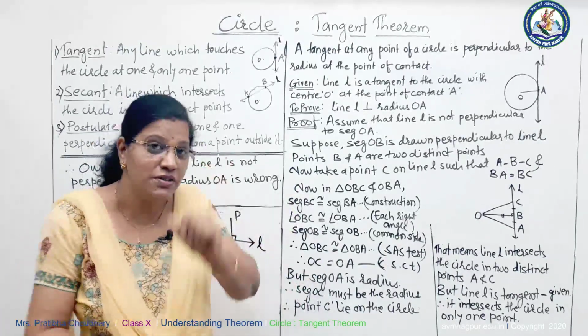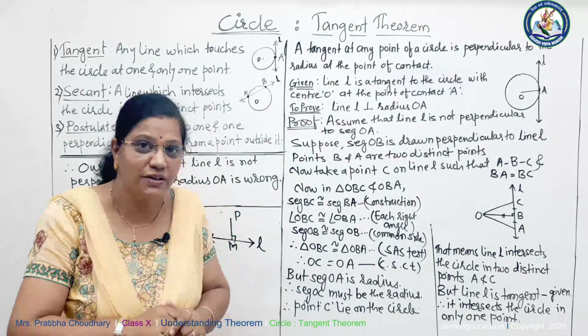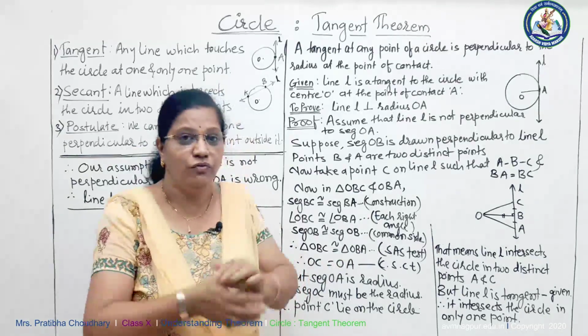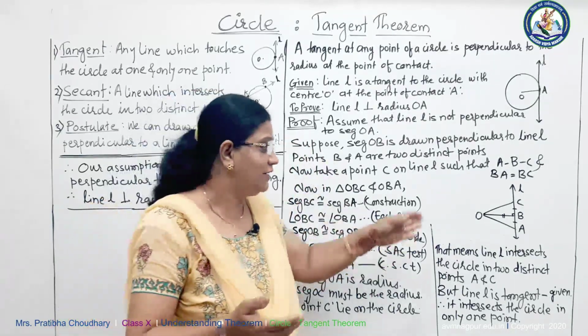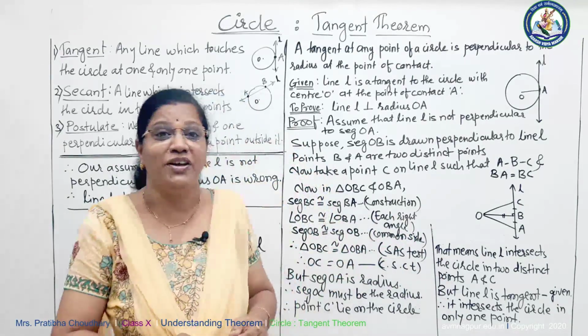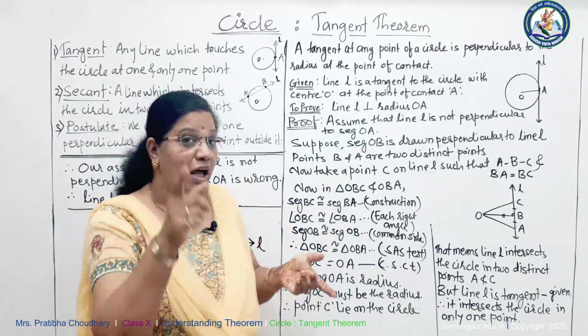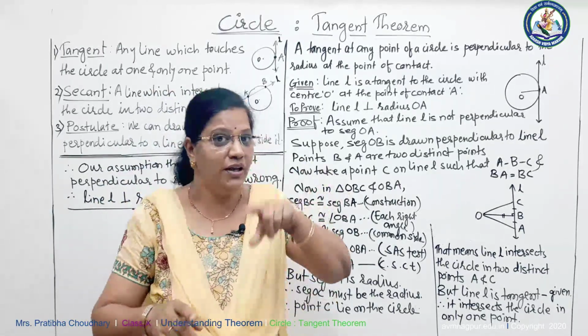It must lie on the circle then. If OC is the radius, then point C must lie on the circle. But if point C lies on the circle, what happens? It means that line L intersects the circle in two distinct points A and C.